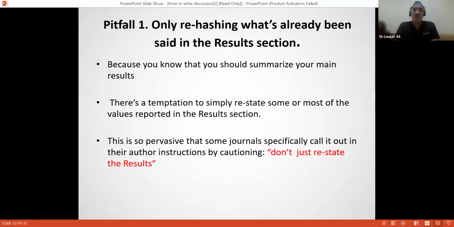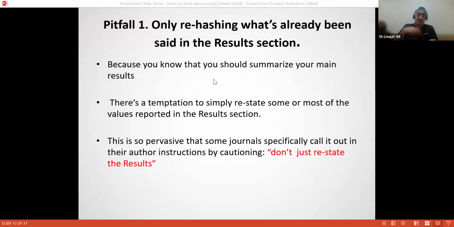Because you know inside that you should summarize your main results, the temptation is to simply restate some or most of the values reported in the results section. What we wrote in the results, there is just a temptation to repeat it in the discussion, with the same words, the same values, the same percentages.